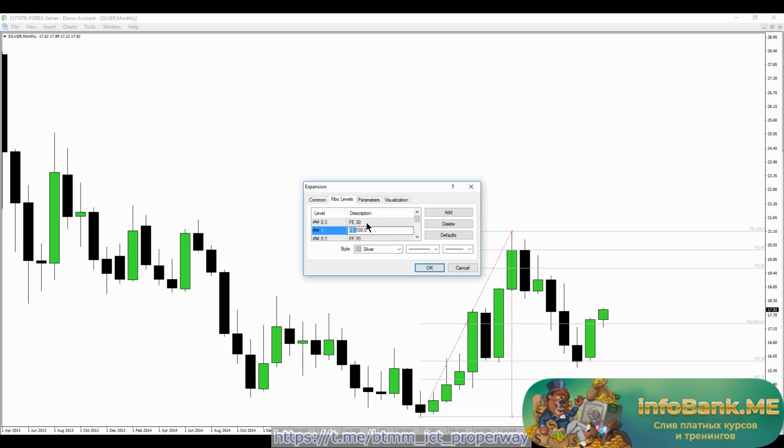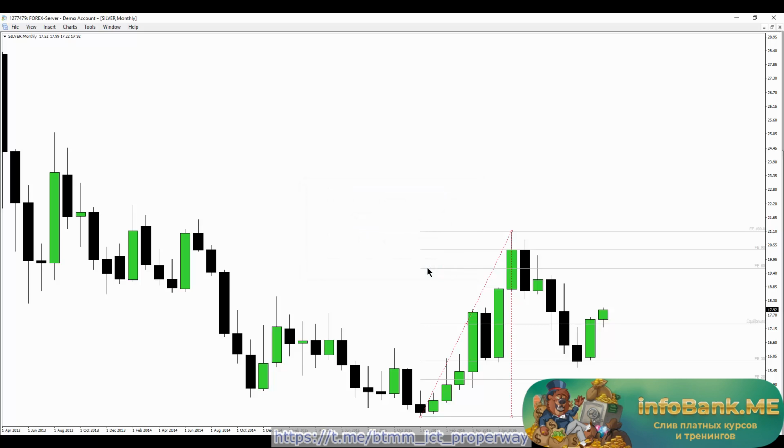You just double click on the area if you want to make any changes, change it to whatever you want to classify it. 0.20, 0.80, 0.90, 0, and then 0.5, which is equilibrium. And if you ever want to just add a level, you're going to click on that, type in the numbers I just gave you, and type in over here what you want to use as your descriptor, and then OK.